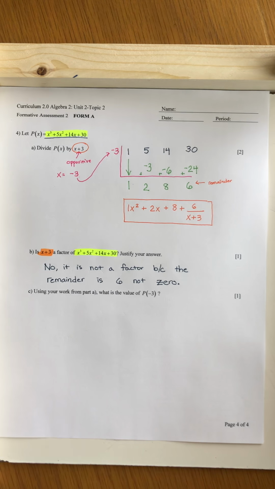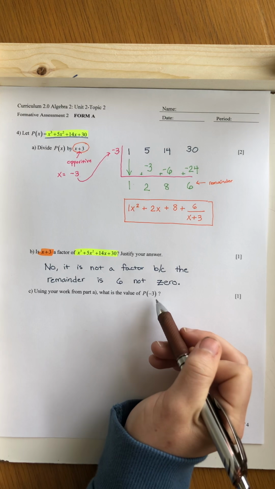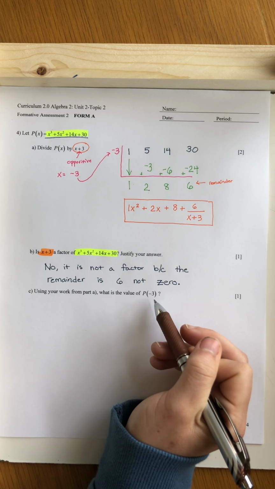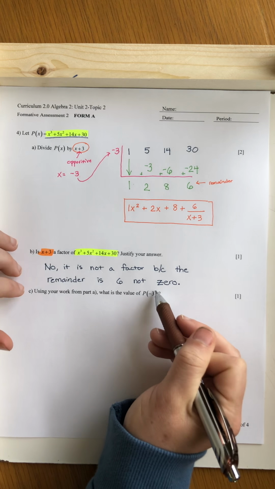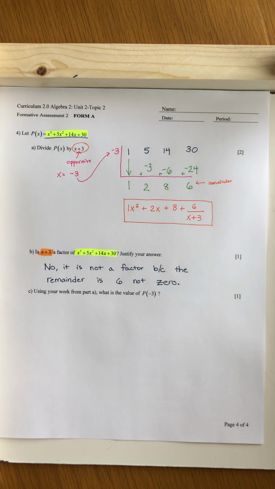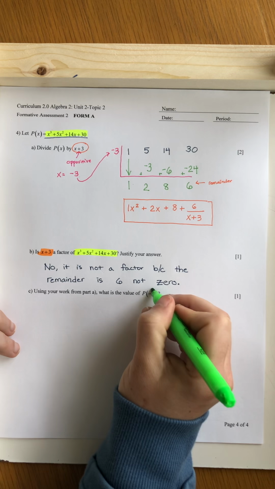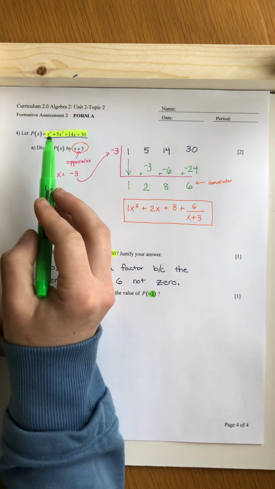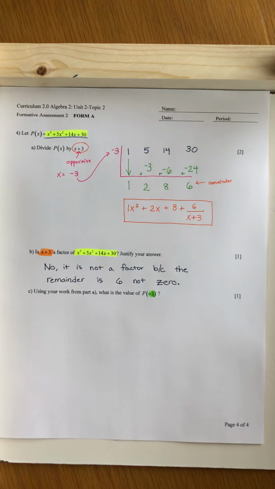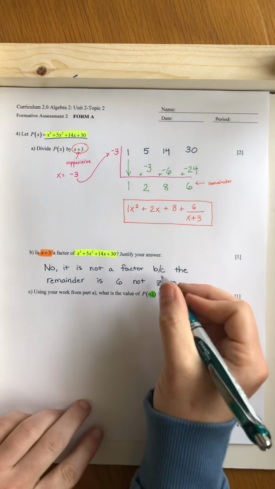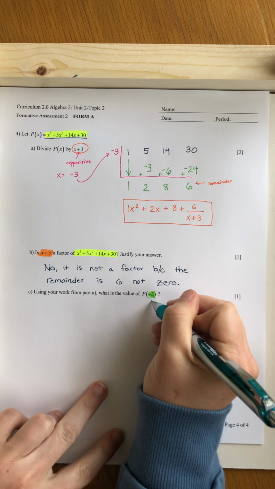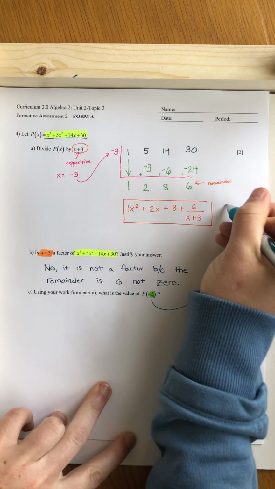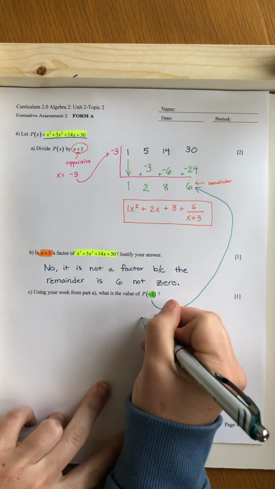The last question is asking me what is p of negative 3. Now you could technically take this negative 3 and plug it into the p of x equation. But I taught you a shortcut. P of negative 3 is going to be whatever the remainder is.